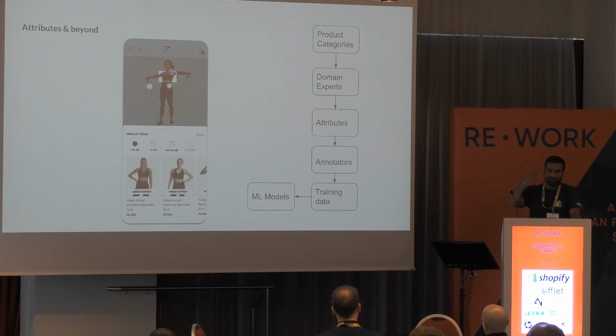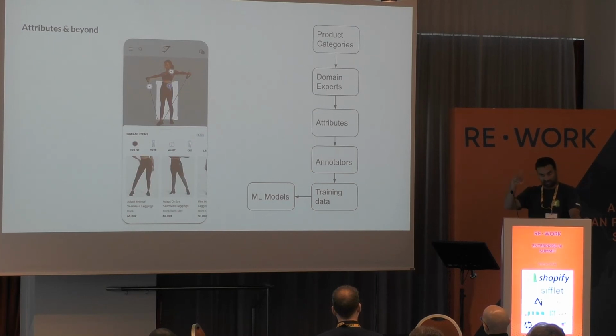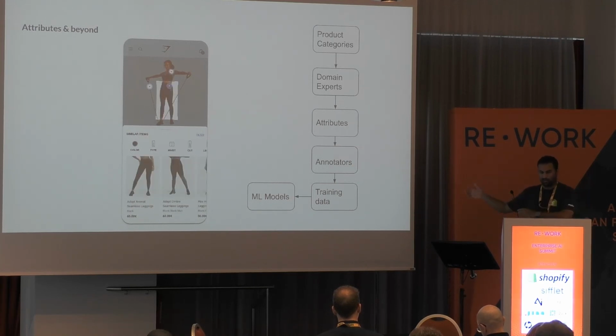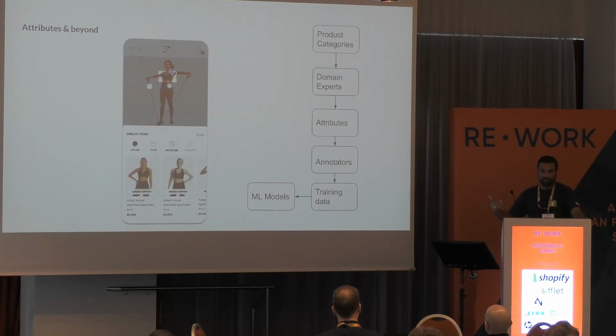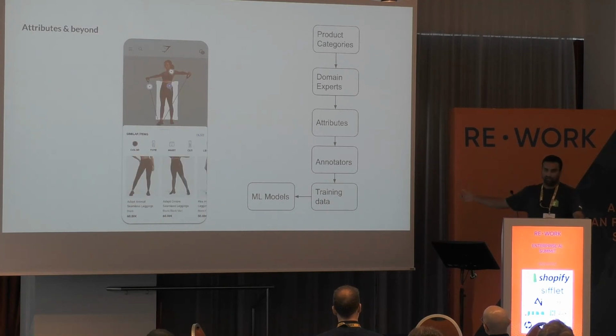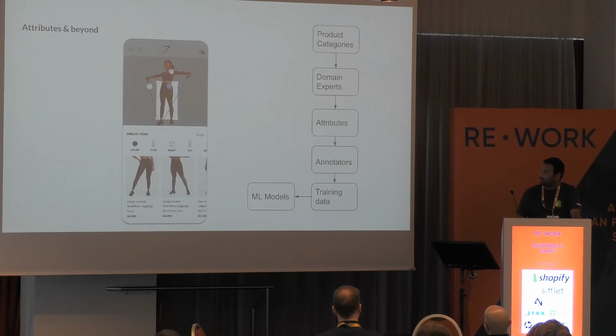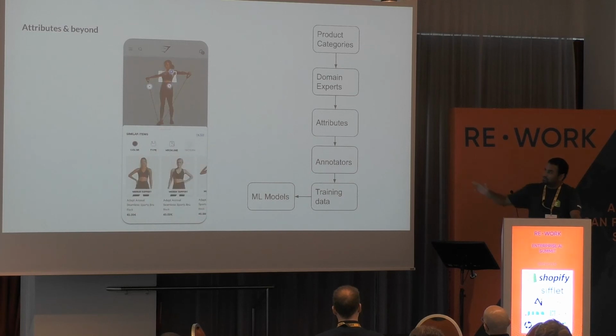Our domain experts will then tell us, for this category, these are the attributes that are correct, and for each of these attributes, this is the list of possible values there can be. They create a data set and send it over to annotators who create high quality data sets for us. And that's where we come in, and we take that training data and build machine learning models on top of that. You can actually see a demo of this on the left-hand side for you. And so this is how our attributes project worked.